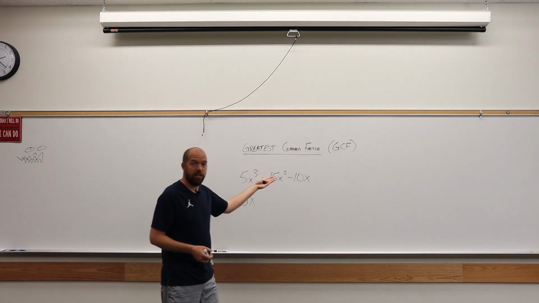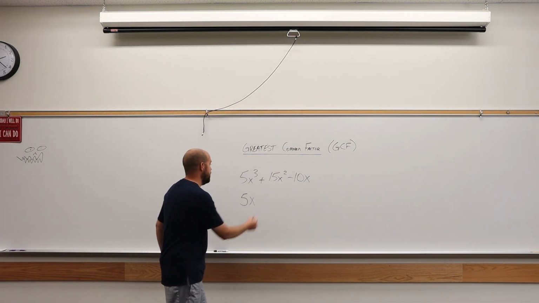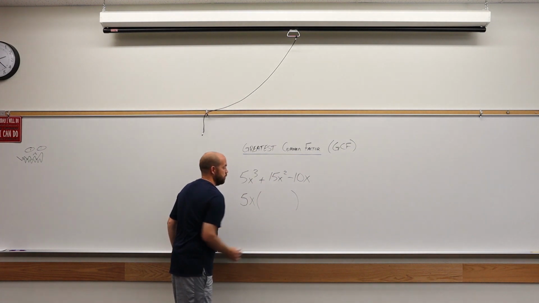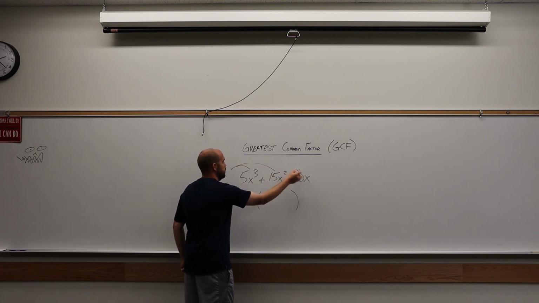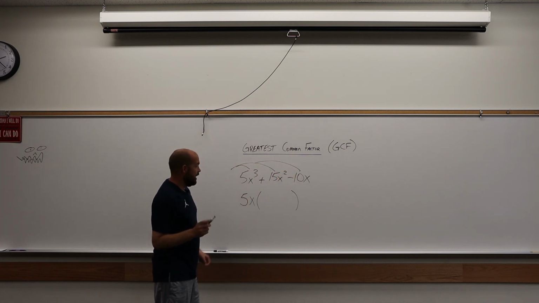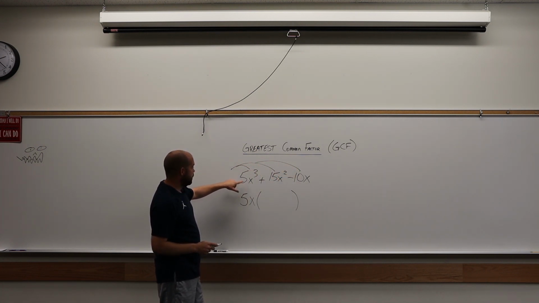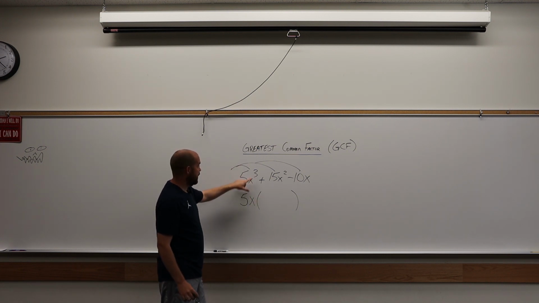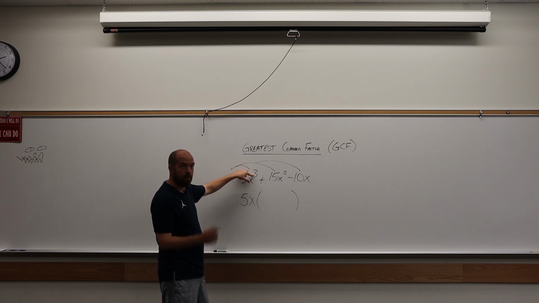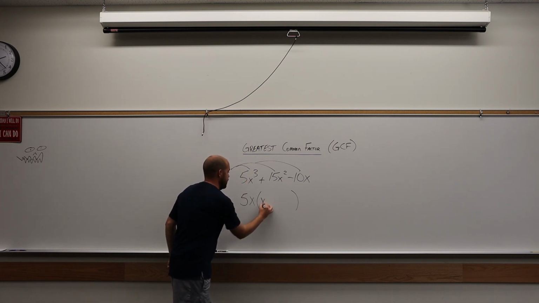If I asked you to actually factor out the GCF, then that would create a parenthesis, and I would need to divide out of all of these terms a 5 and an x. So if I go ahead and do that, 5 divided by 5 is 1, so I would have an invisible 1 right here. x to the third divided by x, if I take away one of those, I would still have x squared.